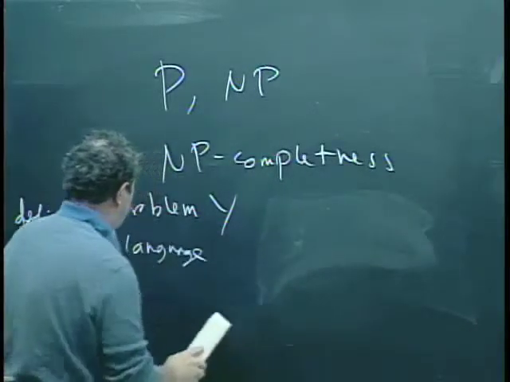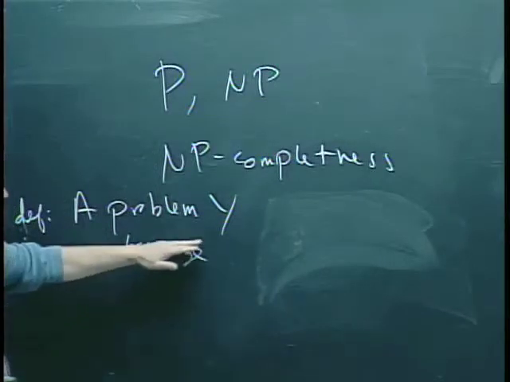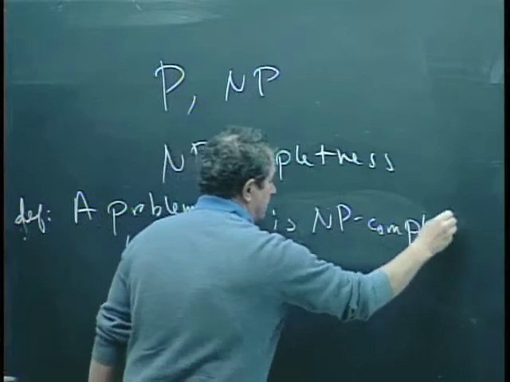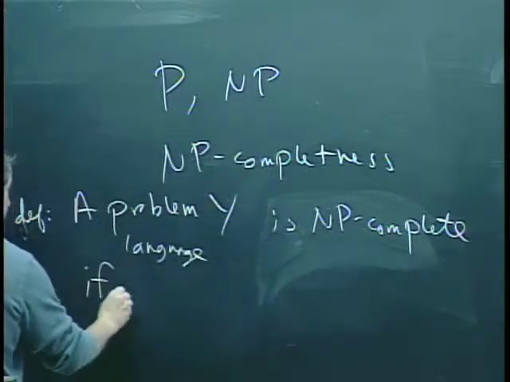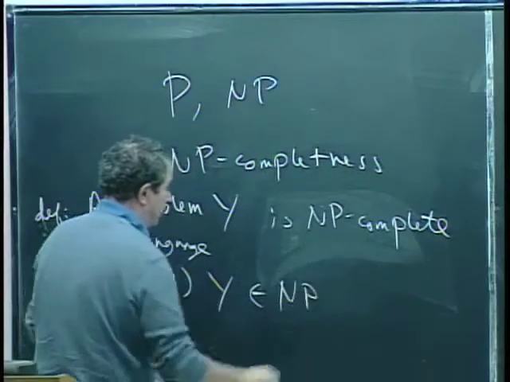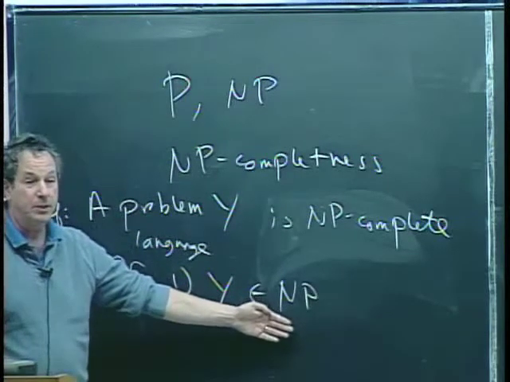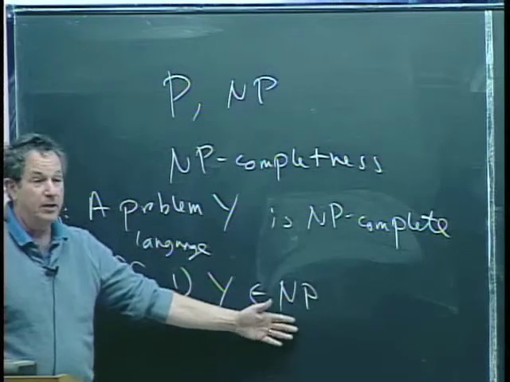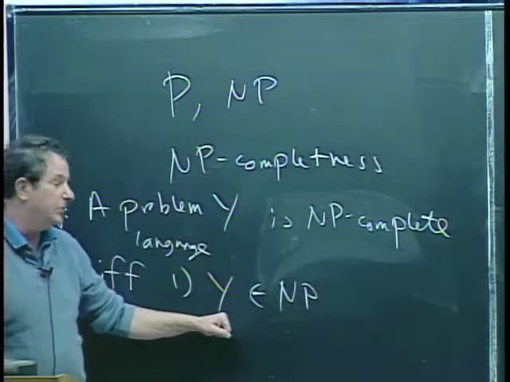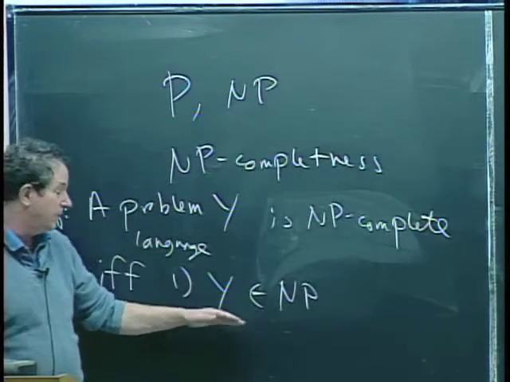So at any rate, that's from the view of problems as languages. A language Y is NP-complete if and only if two things. First of all, that language or problem has to be in NP. And last time, we spent most of the lecture defining rigorously what it means to be in NP, which means informally that for any instance of problem Y, if you have a proposed solution, there's an algorithm that runs in polynomial time that can look at that proposed solution and decide whether it's a real solution.